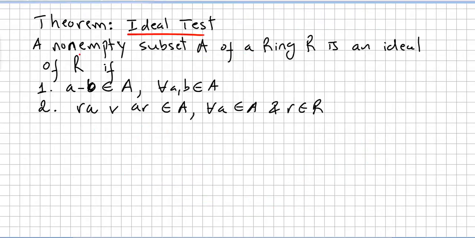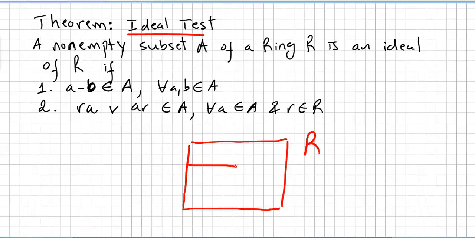A non-empty subset A of a ring R is an ideal. So we have a ring here, and here we have a subset that should be a subring.